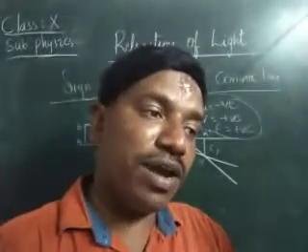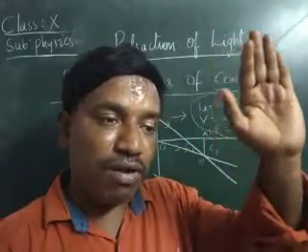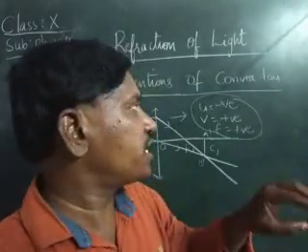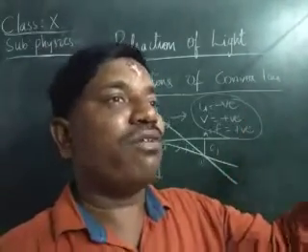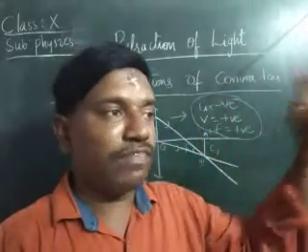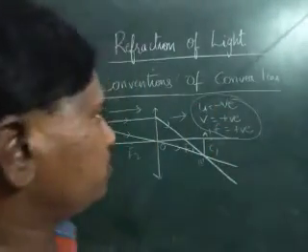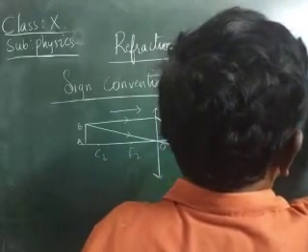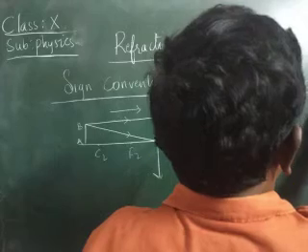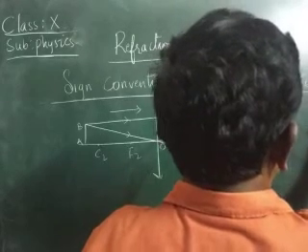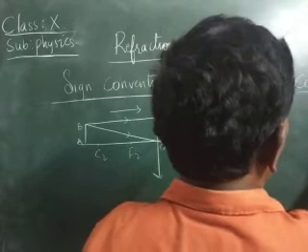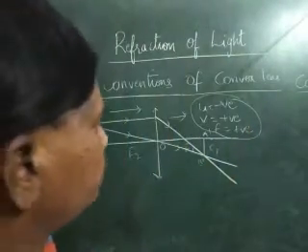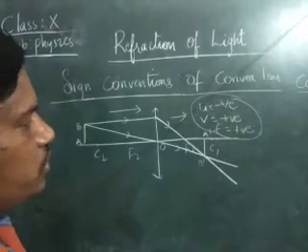Properties of concave mirror and convex lens are equal, but in case of sign conventions, convex mirror and convex lens are the same. Therefore, for a convex lens, only u is negative, and the remaining are positive.